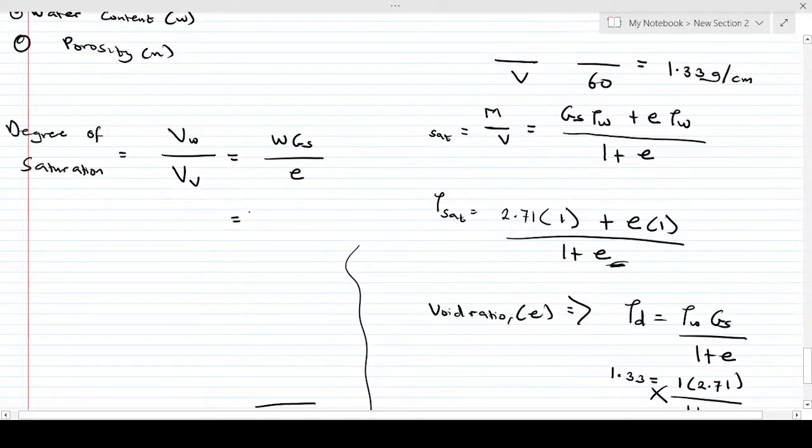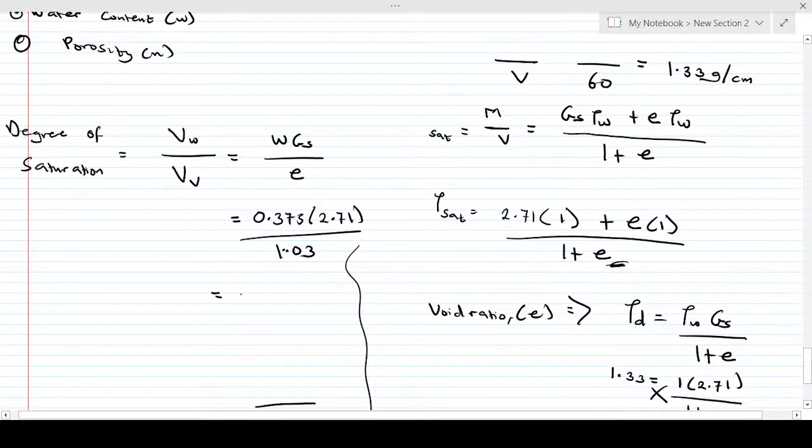So we are going to simply get our water content we calculated, we had 0.375, which you convert to 37.5%. Now know that anytime you are using the water content in calculation, you should use the decimal figure and not the percentage figure. So here we are going to have 0.375 times the specific gravity all over the void ratio, which is 1.03.